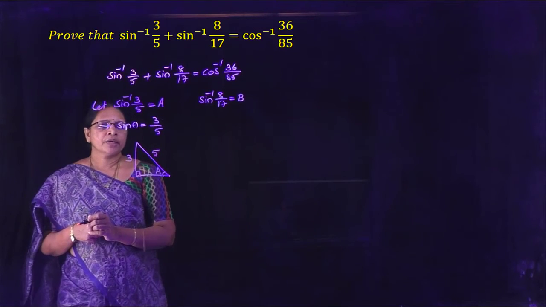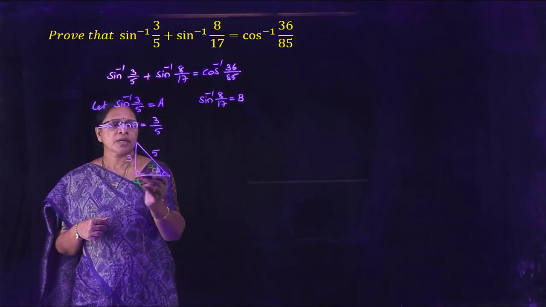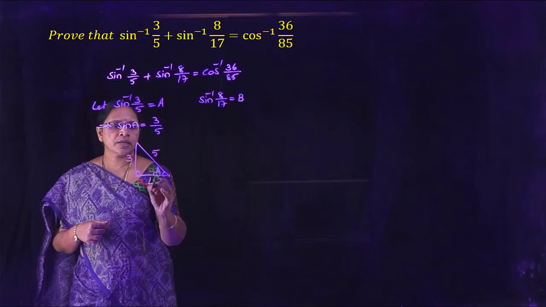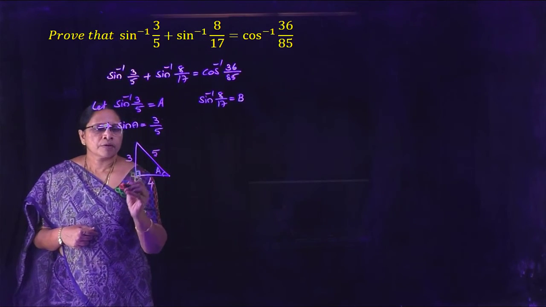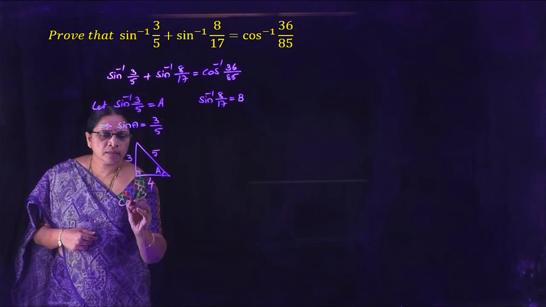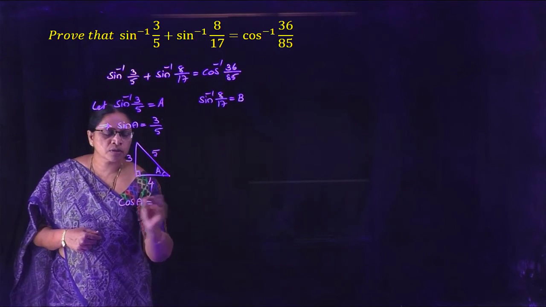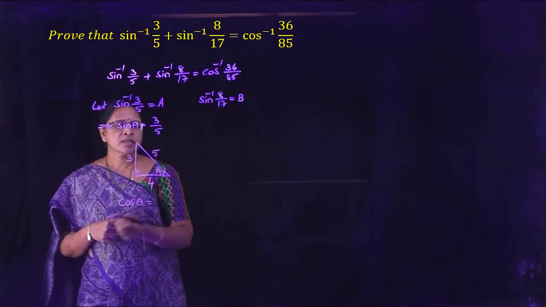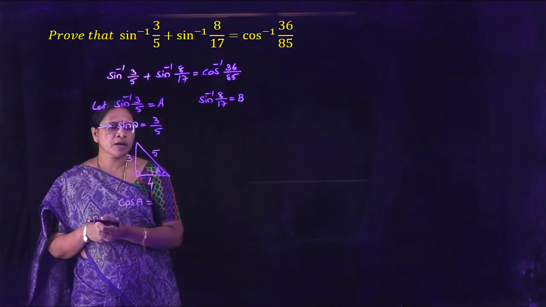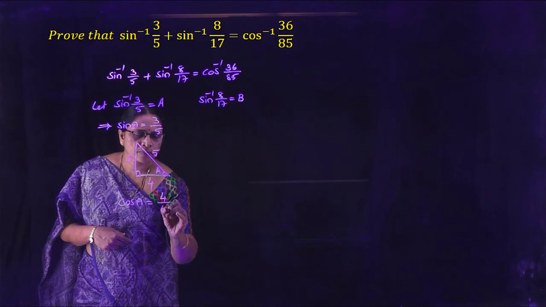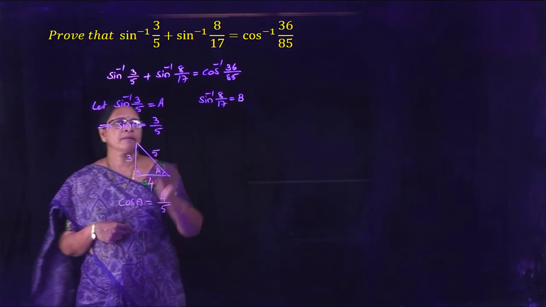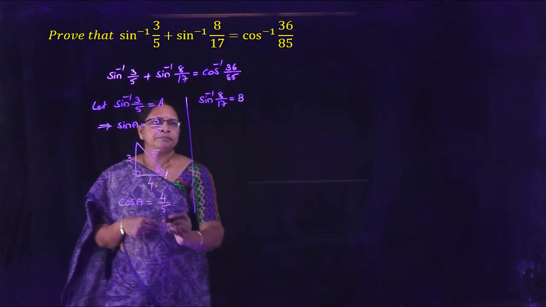By using Pythagoras theorem, we can find the adjacent side is 4. Now, from this right angled triangle, cos A is adjacent side by hypotenuse, that is 4 by 5.